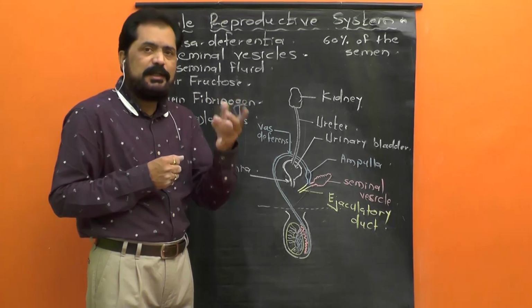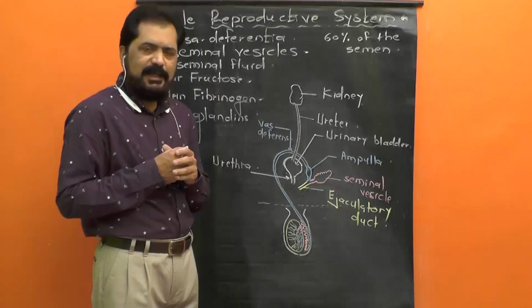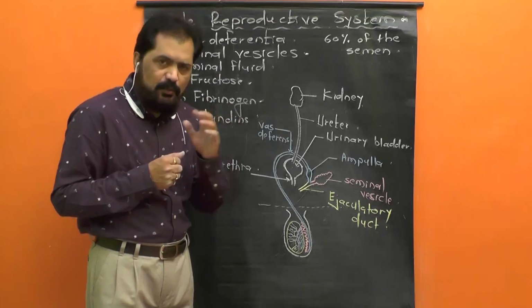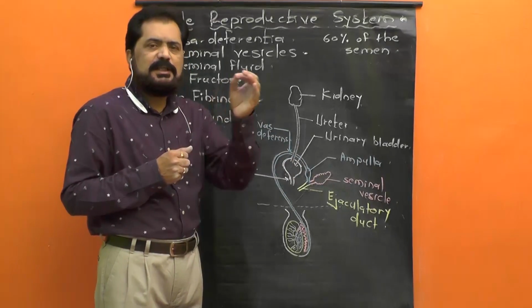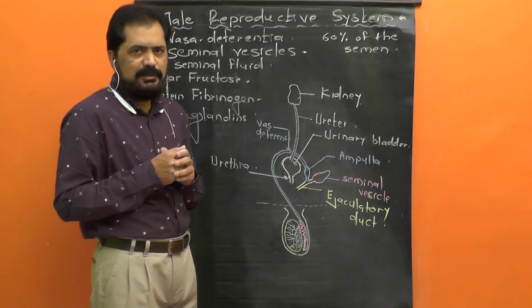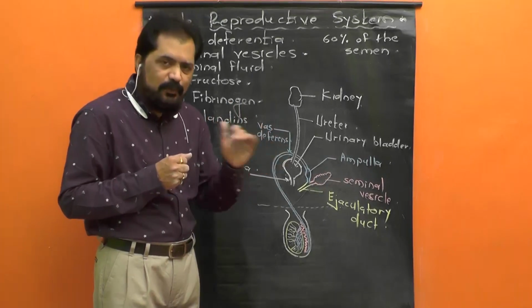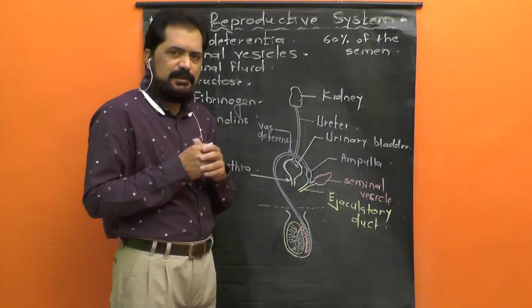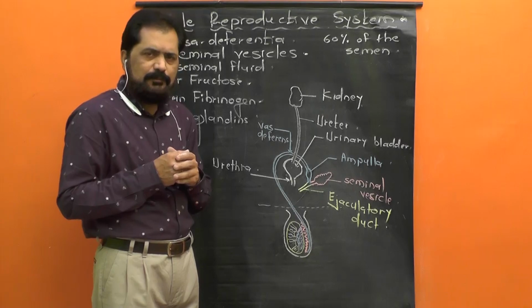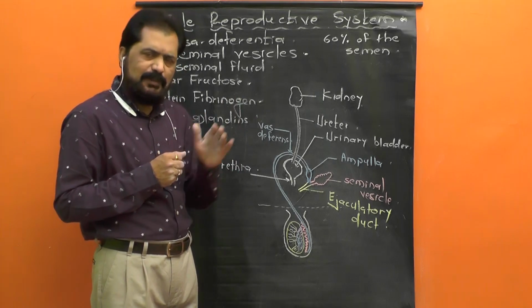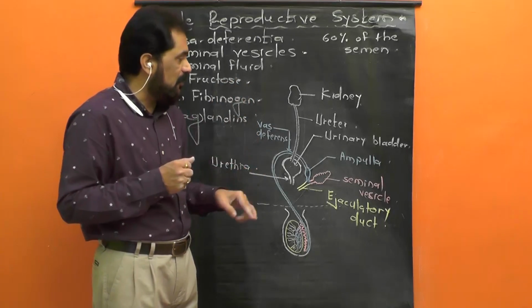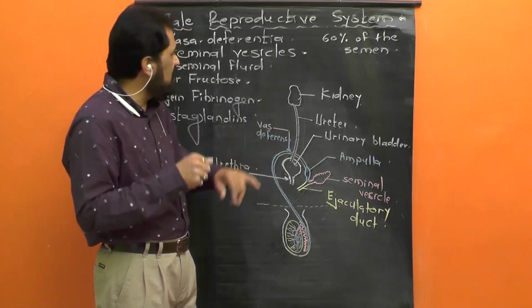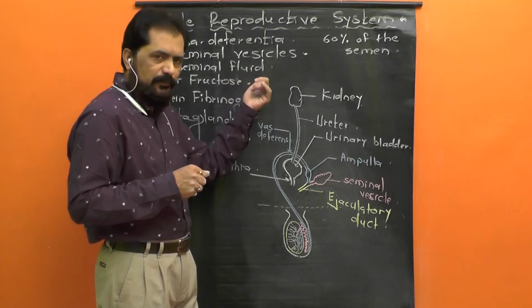It consists of millions of sperms, and 60% of that semen is in the form of seminal fluid.